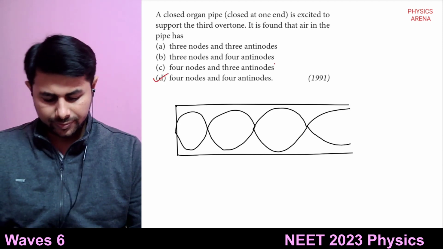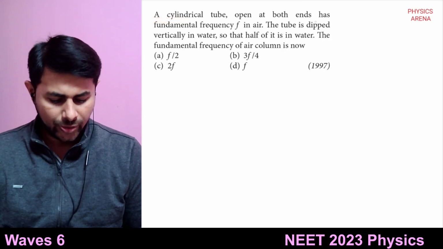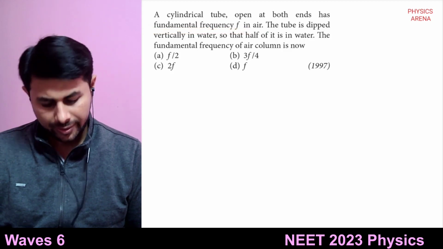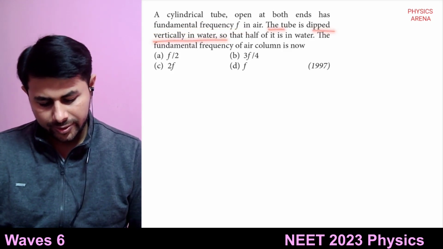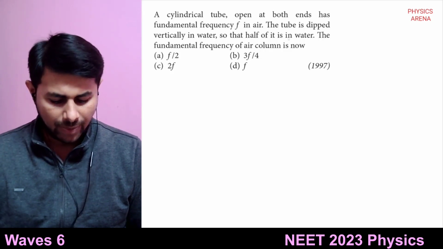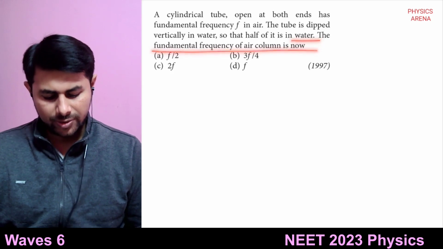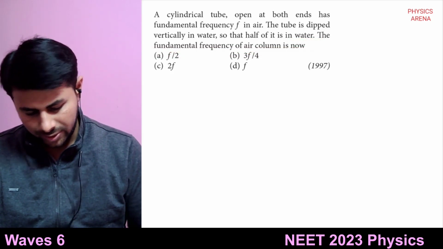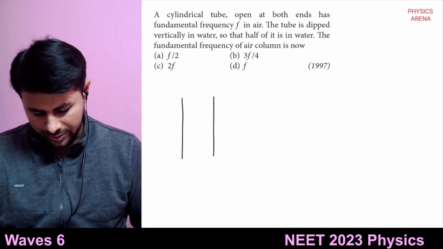Get it? Next question. A cylindrical tube open at both ends has fundamental frequency F in air. The tube is dipped vertically in water so that half of it is in water. The fundamental frequency of air column is now. So you have this tube, right?